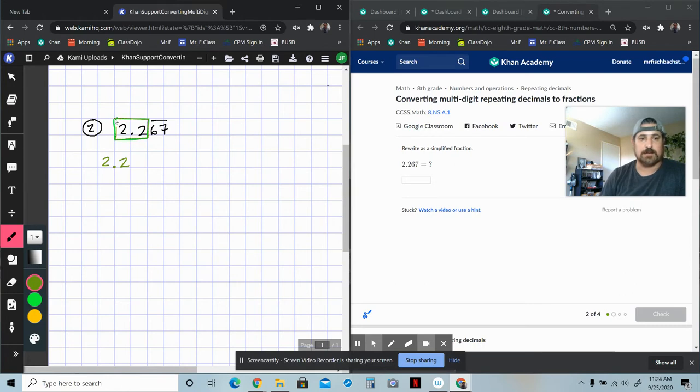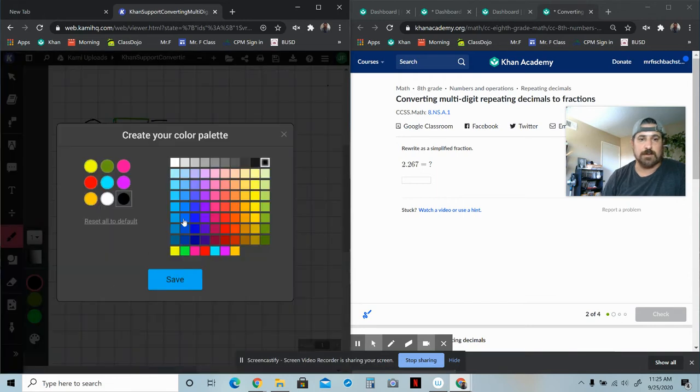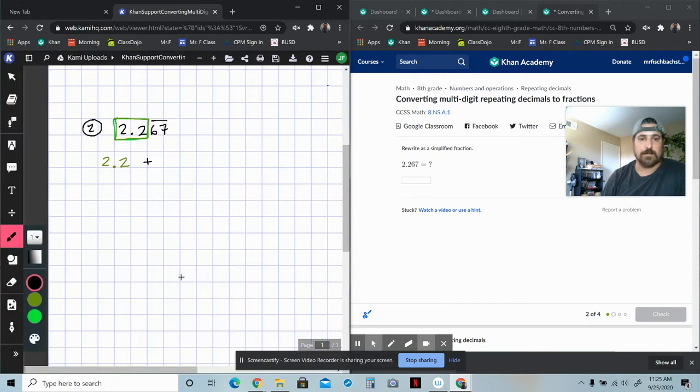It's fixed. We're going to add to that whatever this other part of the decimal is, which happens to be 0. Let's do that in a darker blue too, so it shows up. There we go.